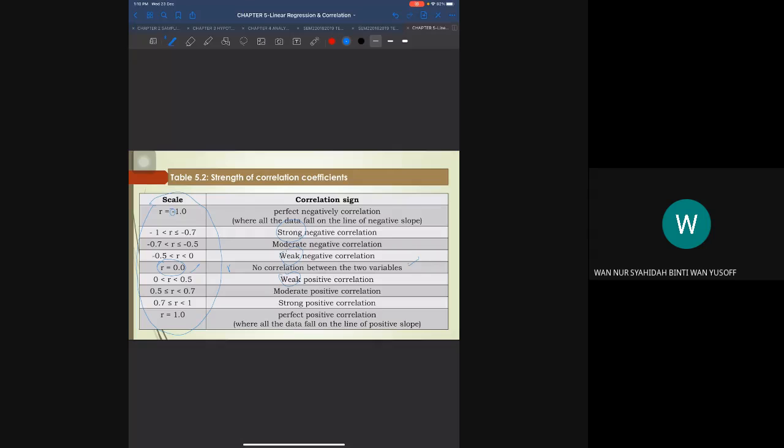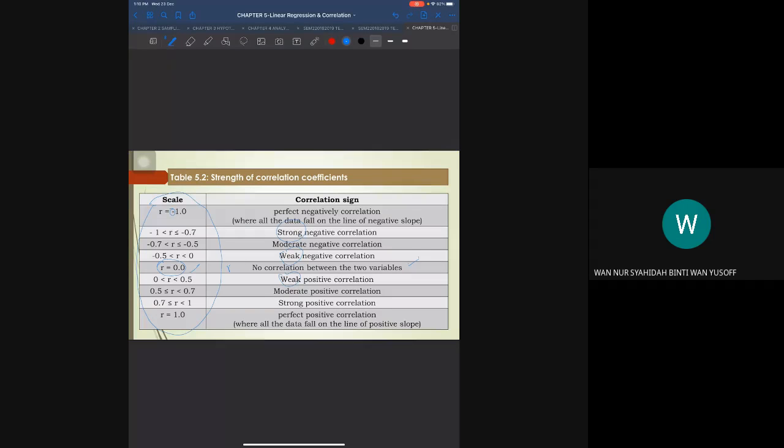No correlation between variables means that the current X that we have does not influence the Y. So if you have your own research, you have to replace it with another variable, because it is confirmed that those two variables are not related to each other.